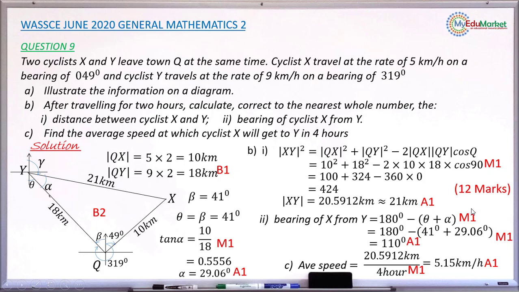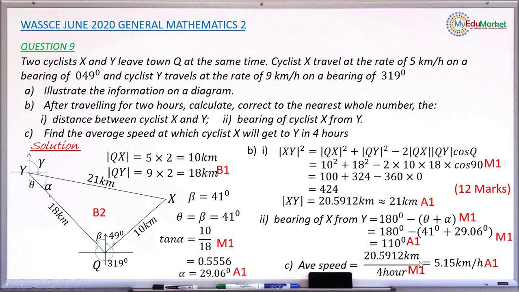Attempting to get the bearing by subtracting the angle theta and alpha from 180 gives you method 1 mark. And when you now substitute your alpha and theta correctly by 41 and 29.06, you have this method 1 mark. And when you now do the addition and subtraction correctly, you have this angle 110 as the bearing of X from Y. You have this accuracy 1 mark.